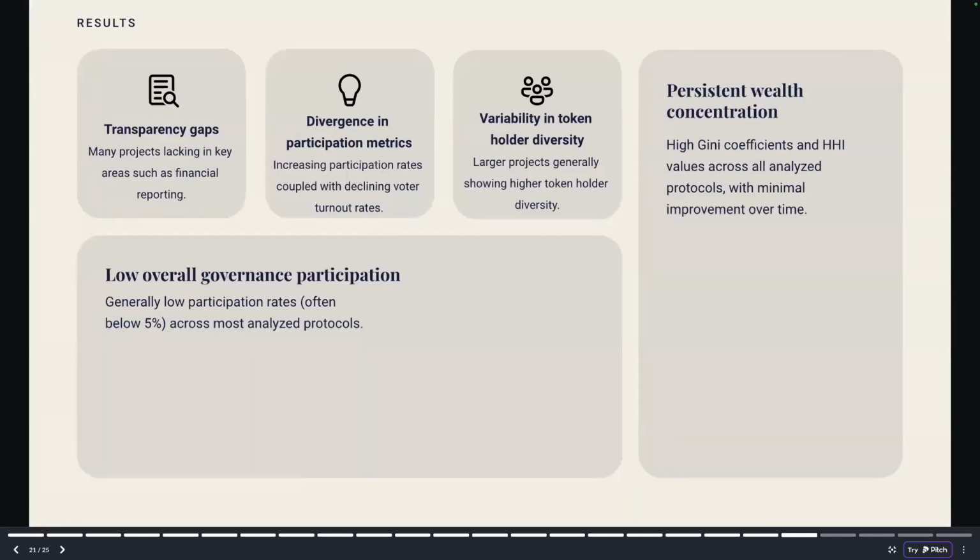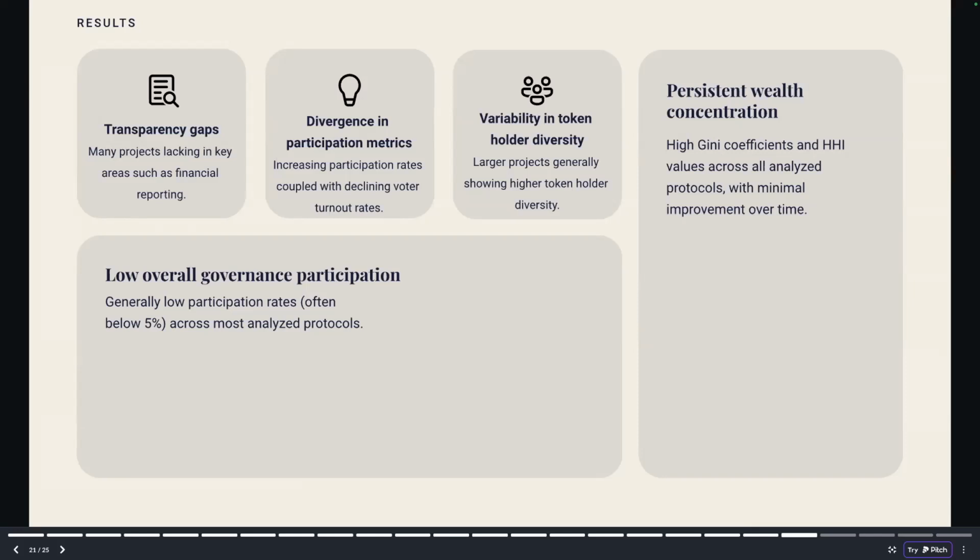So, summing up, my results show a high wealth concentration, and the wealth concentration is also very persistent, with high Gini coefficients and other metrics across all analyzed protocols, with minimal improvement over time.